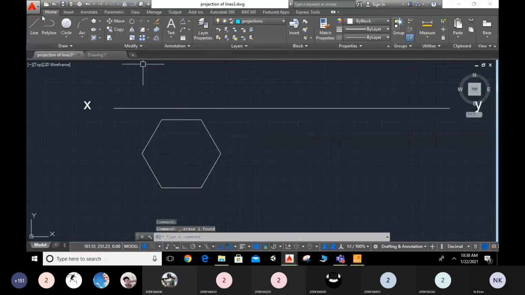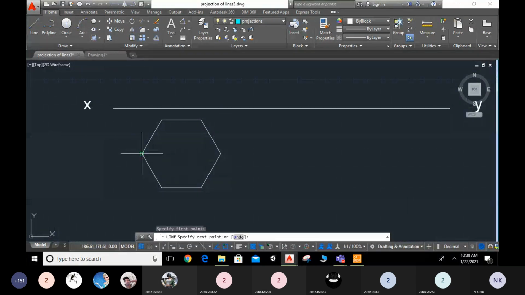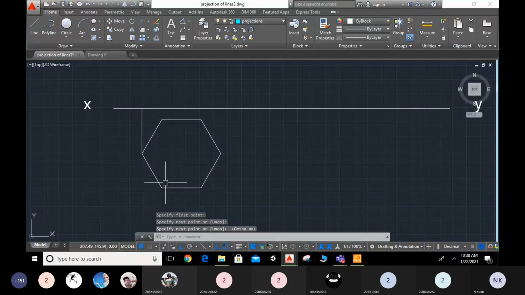Now what is our next process? I will select this line. I will project every point to this one. I will turn on the auto mode so that it will be easy. Enter, next space, and from here I will select this one, and I will click here. No, it has gone somewhere. Delete.